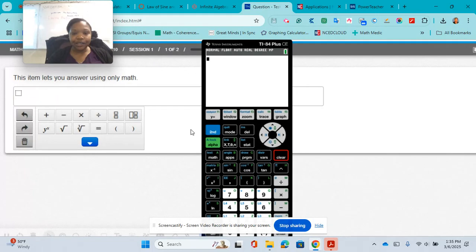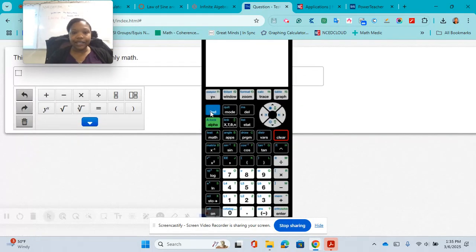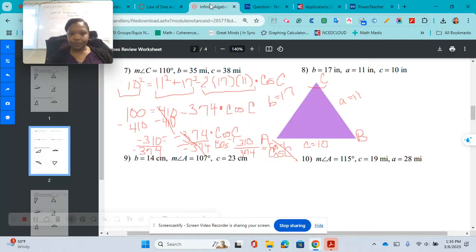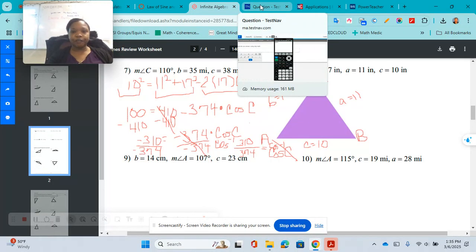And then the second inverse cosine, which is second cosine of the fraction. What's that fraction? 310 divided by 374.